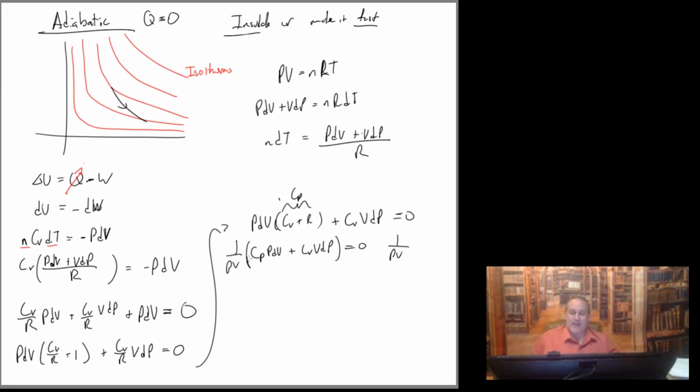The right-hand side, of course, nothing happens. On the left-hand side, we get Cp times dV over V plus Cv times dP over P. And one last step, just to combine these two constants into one, we can divide both sides by Cv, so we get Cp over Cv times dV over V plus dP over P. And now we can integrate the equation.